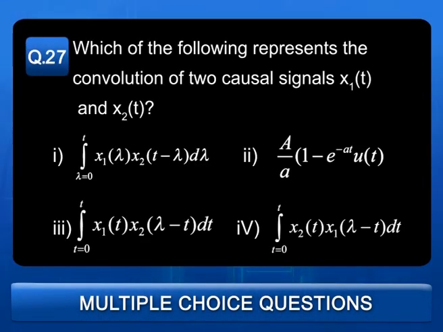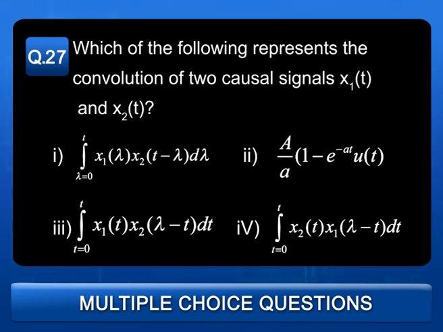27th question. Which of the following represents the convolution of two causal signals x1 of t and x2 of t? A. Integral lambda is equal to 0 to t x1 of lambda x2 of t minus lambda d lambda. B. Integral t is equal to 0 to t x1 of t x2 of lambda minus t dt.